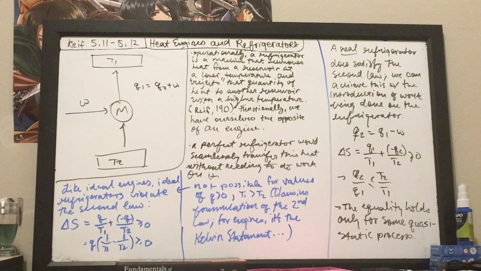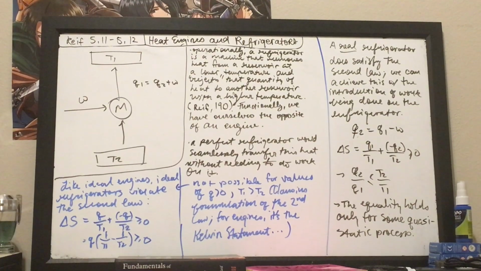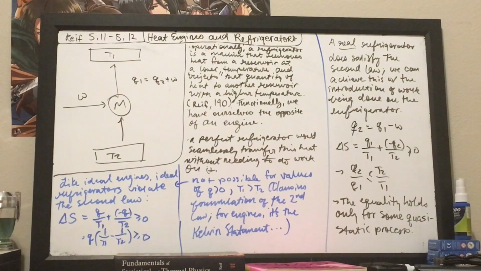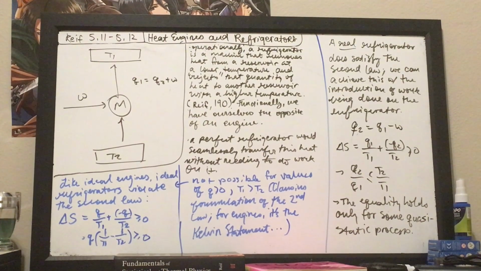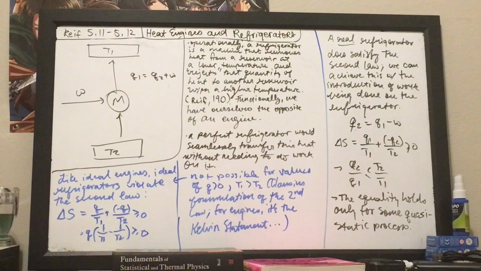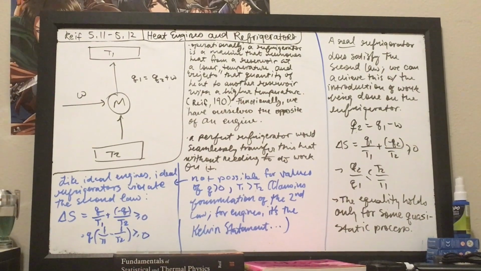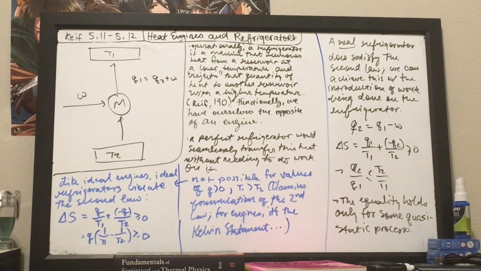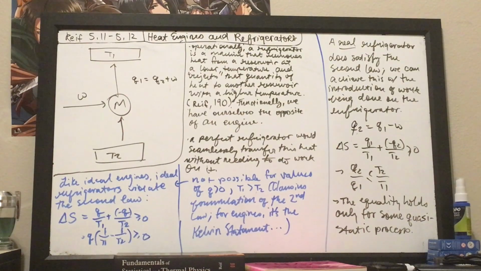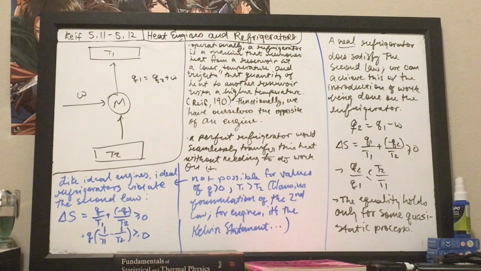Similar to an engine that has some sort of idealized state, we can also have an idealized refrigerator. An idealized refrigerator would be able to take the amount of heat from the lower reservoir and transfer it to the reservoir with higher temperature without needing work to be done on it, right? So when we throw that into entropy considerations, namely the second law, which requires that the change in entropy always be greater than or equal to 0, we actually witness the same kind of entropy violation.